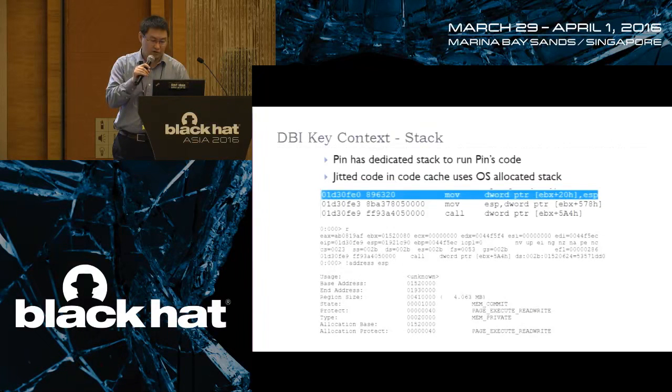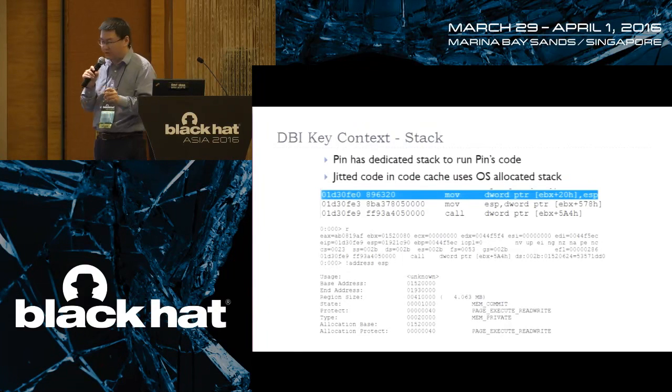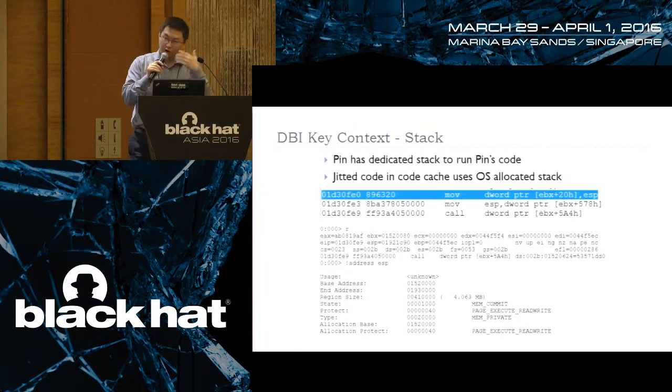If you look at the value for this memory, you will find that actually it is within the same code cache, but almost the top part. So Pin uses the top part of the same code cache as the stack. Once you know that, you can easily change the value in the stack, and you can change the return point, a bunch of things, right? Easy to take over.